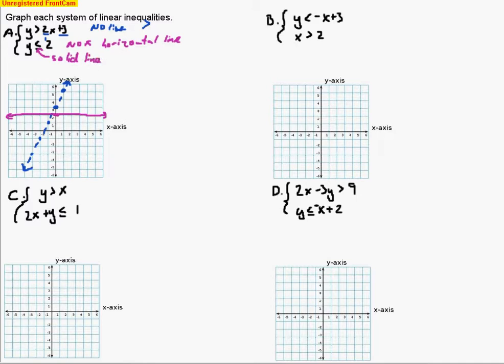So let's go back to our original line here that we drew, this blue line. And look at it. It's a positive y is greater. So greater means more. So we're going to have the y values need to be more than, and then look at the y-intercept. They need to be more than 3.